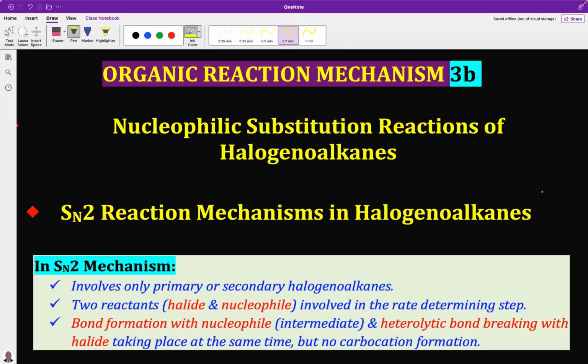As I earlier said, if it is SN1, it means only one reacting species is involved at the rate determining step, that is at the slow step.